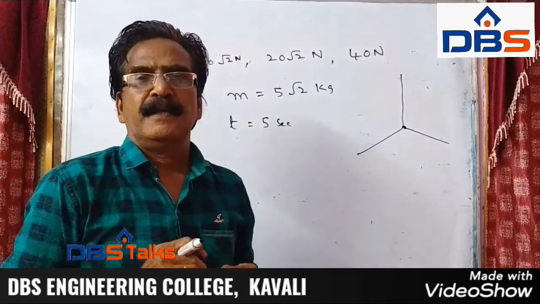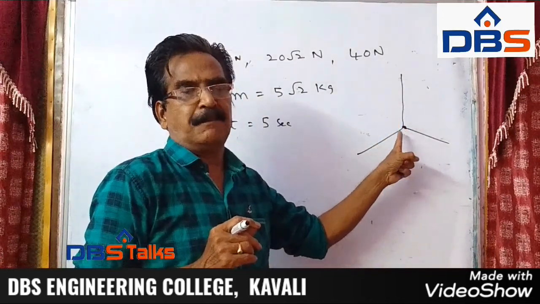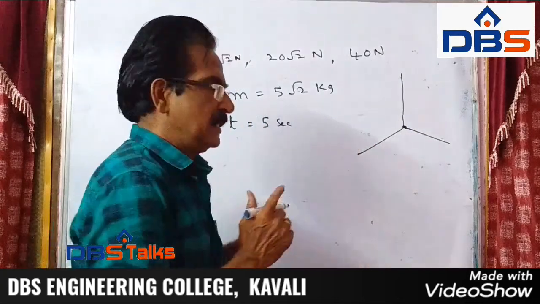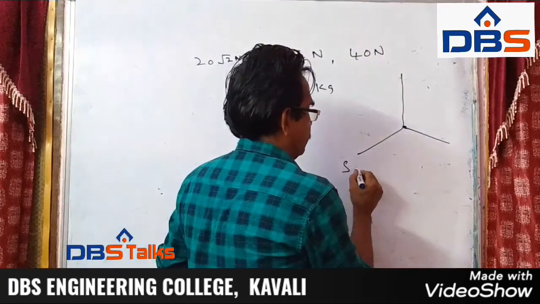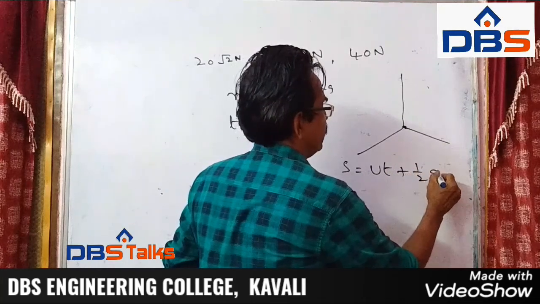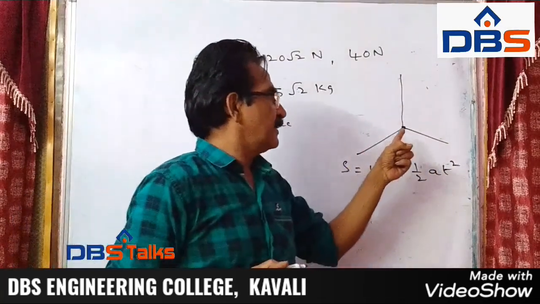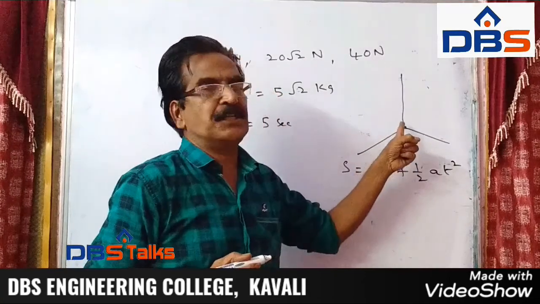First thing, displacement of this particle or this body is equal to ut plus half at square. But here u is 0.